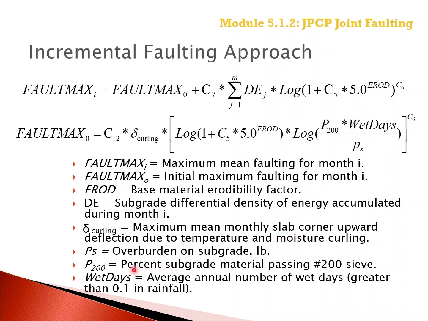The PS is the overburden of the subgrade. P200 is the percent subgrade material passing the number 200 sieve, and the number of wet days is the average annual number of wet days that are greater than 0.1 inches of rainfall.